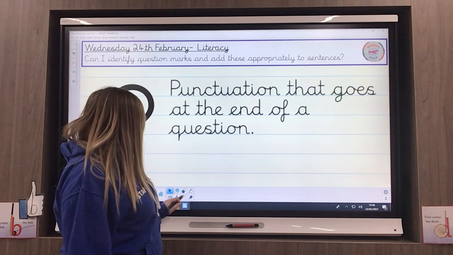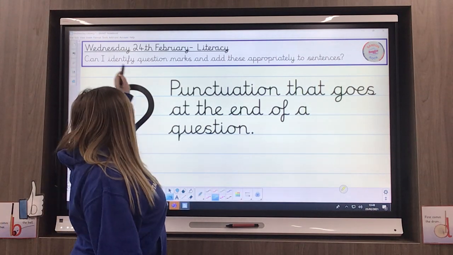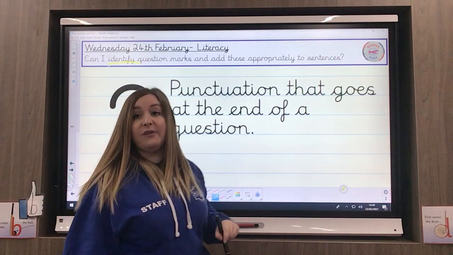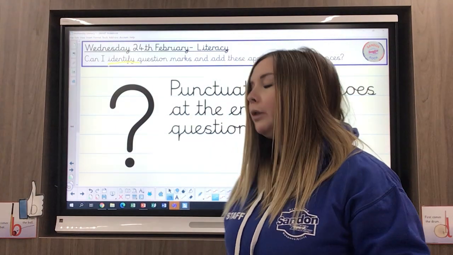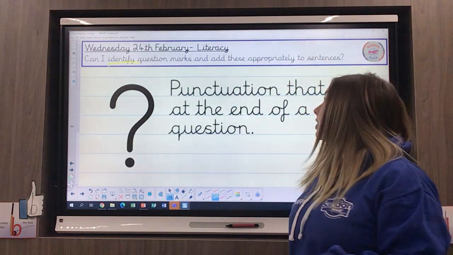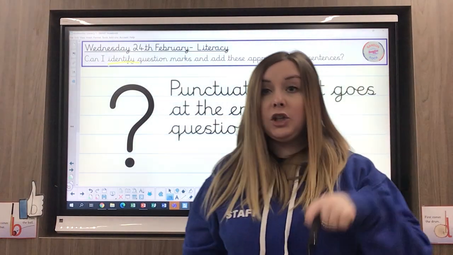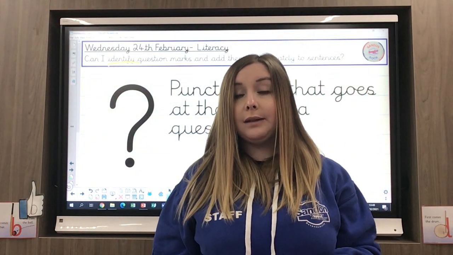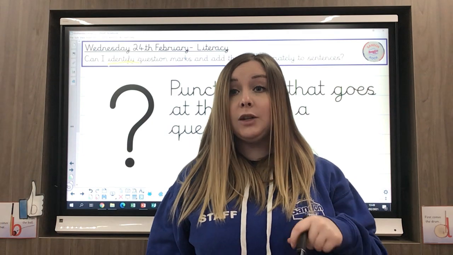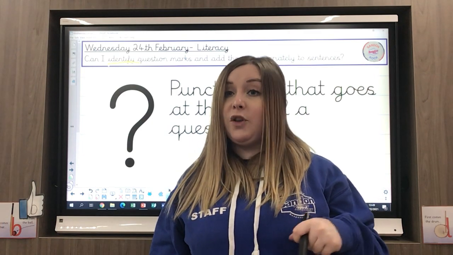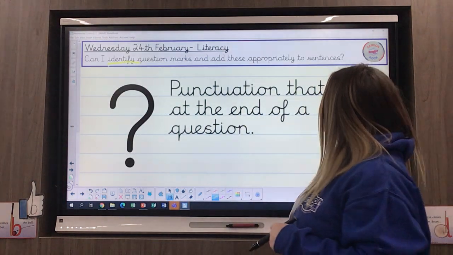And identify just means to find. So can I find question marks? That's the first part of our question. And use them appropriately. So we're going to spot some question marks first, and then you're going to have a go at ending some sentences either with a full stop or a question mark.